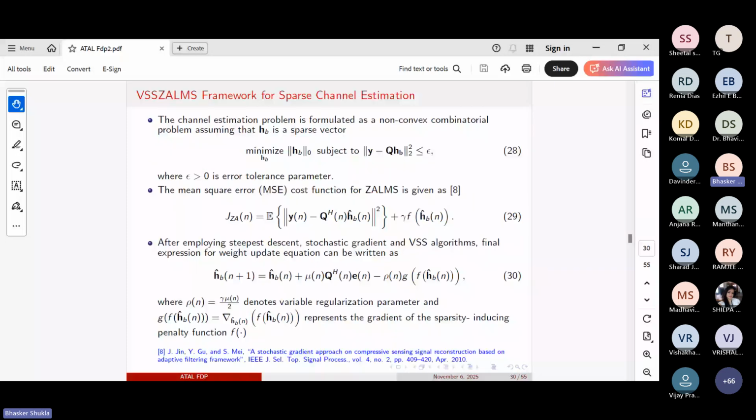So here we can see that the channel estimation problem is given by this equation 28. When we estimate the channel, our aim is to find the non-zero elements of the channel.